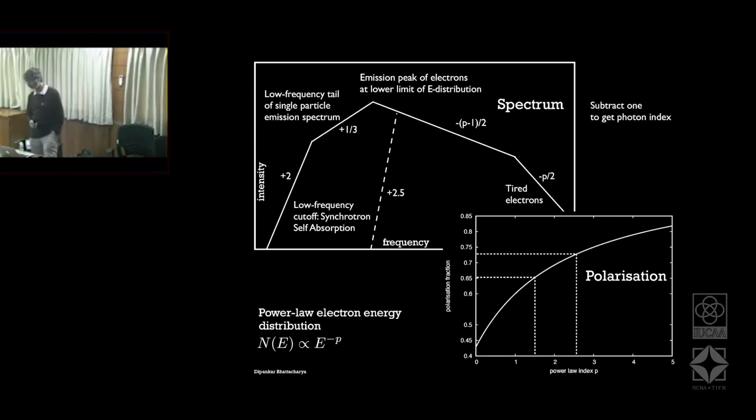And there is one other thing. When you say something on the power law, you said something on the acceleration process itself. I did not talk about how this power law distribution of energy gets established. There are multiple mechanisms for that to happen. But I'll say that the more commonly invoked mechanism is Fermi acceleration of some kind or other.